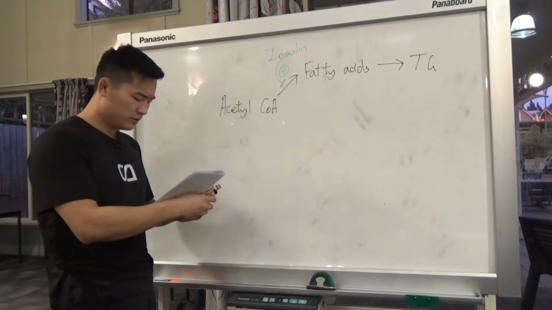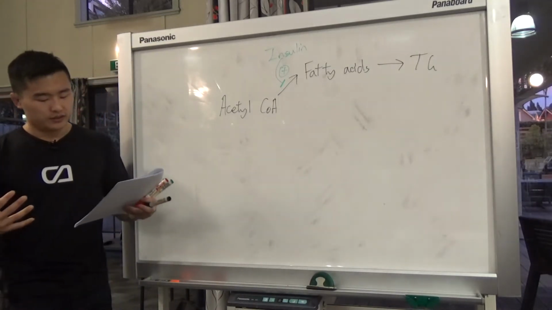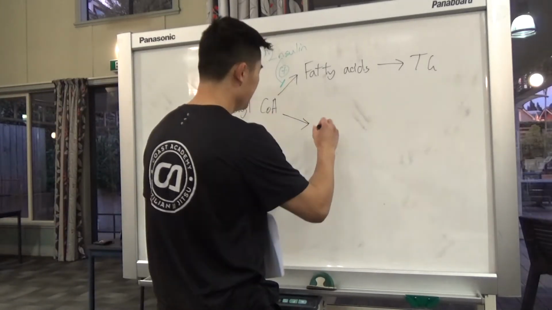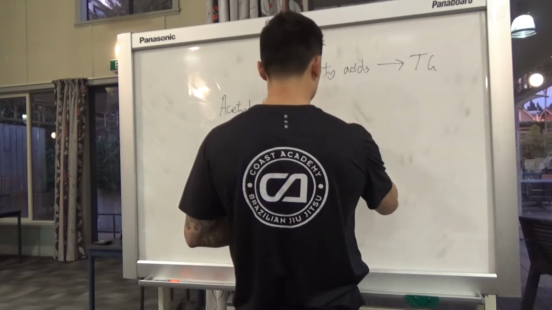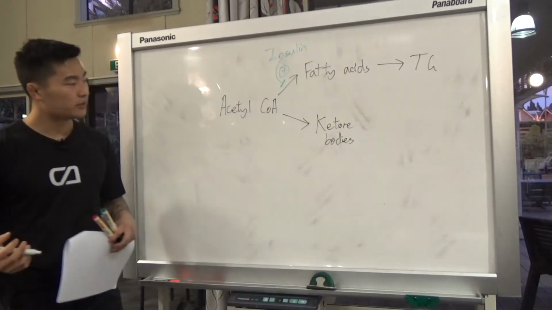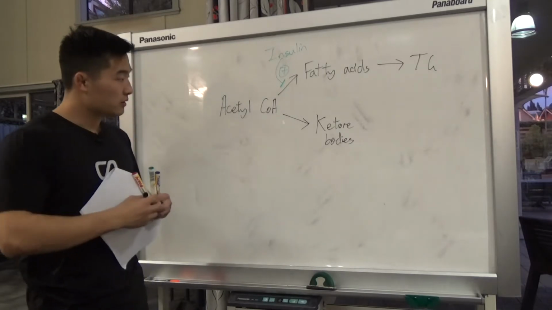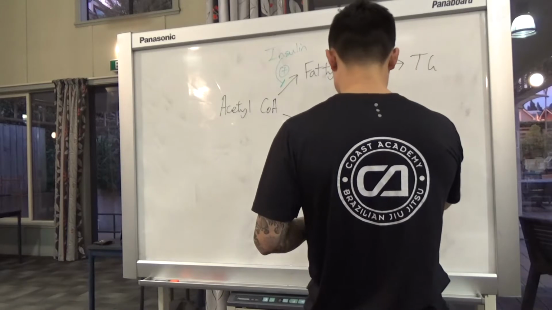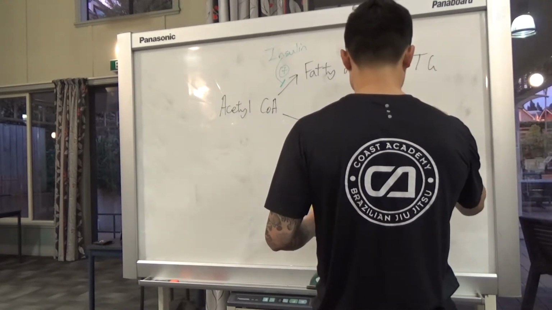Okay, and also if you have no energy, so if you're starving, then this acetyl-CoA can be turned into ketone bodies. Okay, so during starvation, it gets turned into ketone bodies, and the ketone bodies will go to the brain.